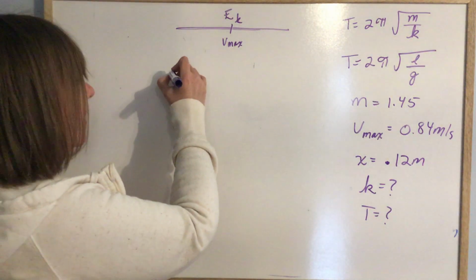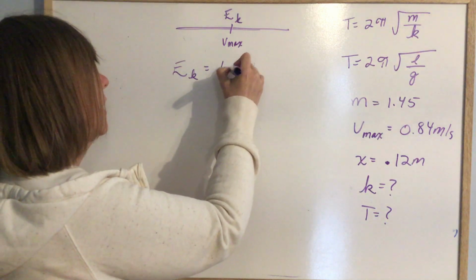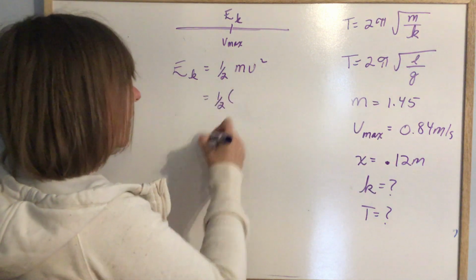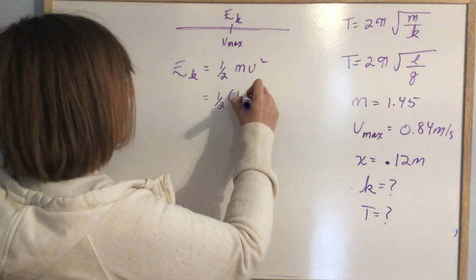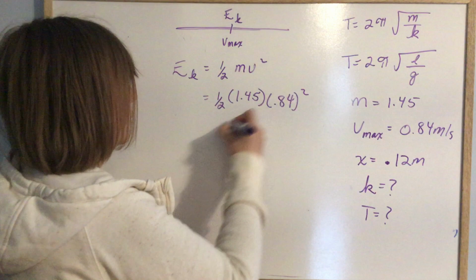So I would say then that my kinetic energy is equal to 1/2 mv squared. So that would be 1/2 my mass, which is 1.45, times my velocity squared.